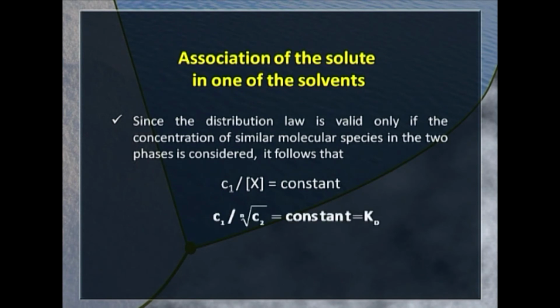That is, C1 divided by nth root of C2 is equal to constant, denoted by Kd, the distribution coefficient. So instead of a simple ratio C1 upon C2 giving a constant value, when there is association of the solute in one of the solvents, then the ratio C1 upon nth root of C2 is a constant.